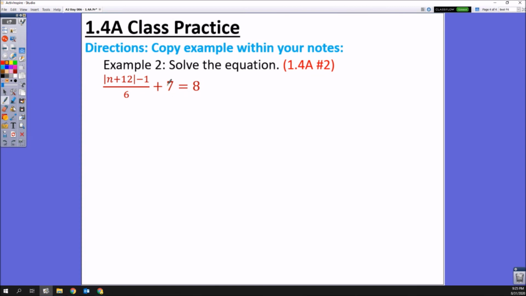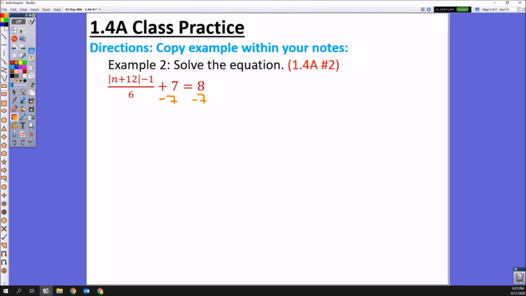So what I'm going to do is I'm going to cancel out the positive 7. So the opposite is minus 7. Since I did it on the left side, I have to do it on the right side. So when I do that, the 7 will cancel out.